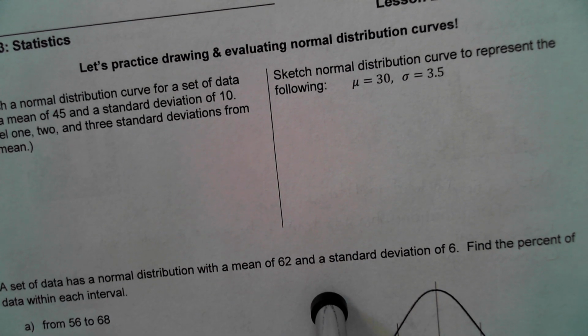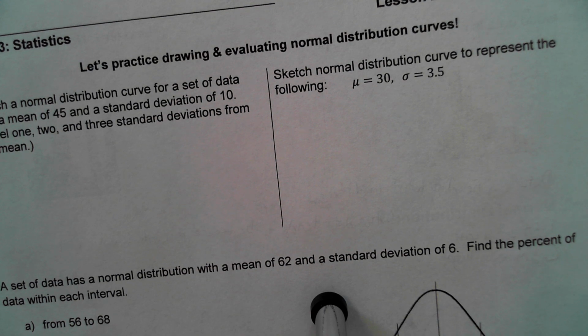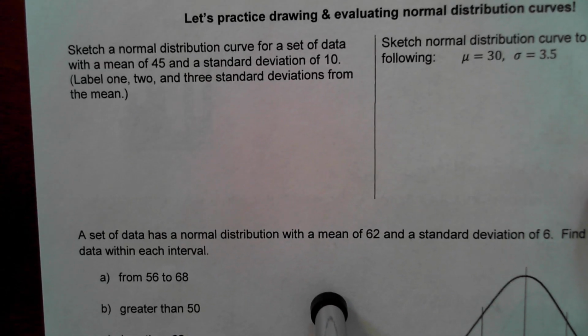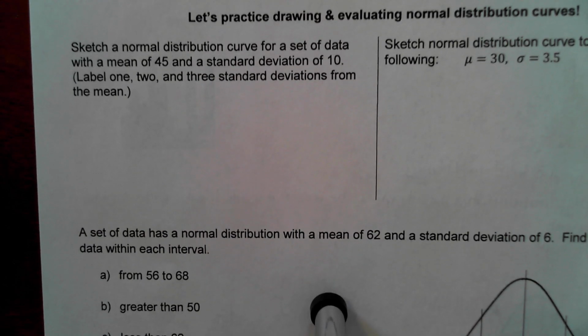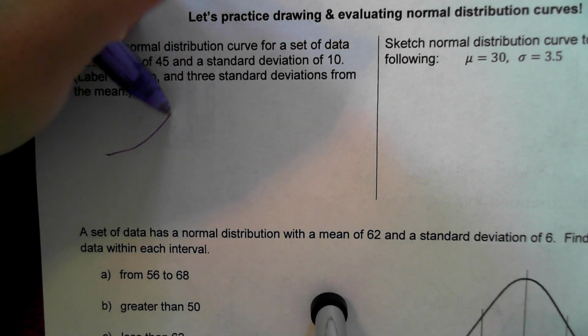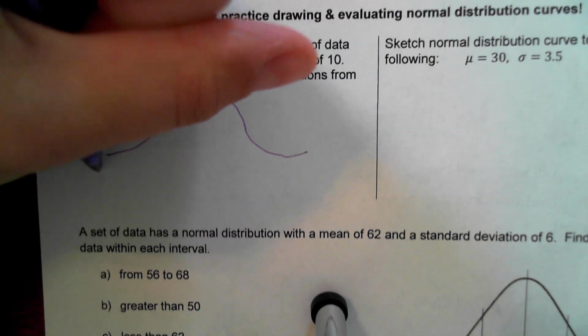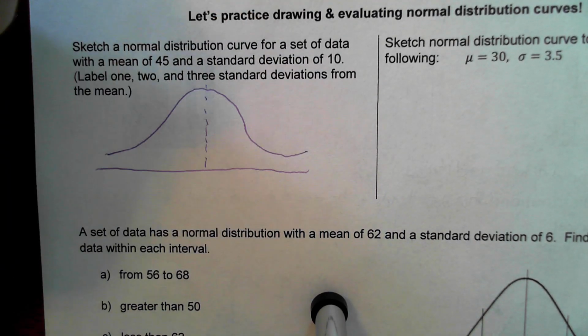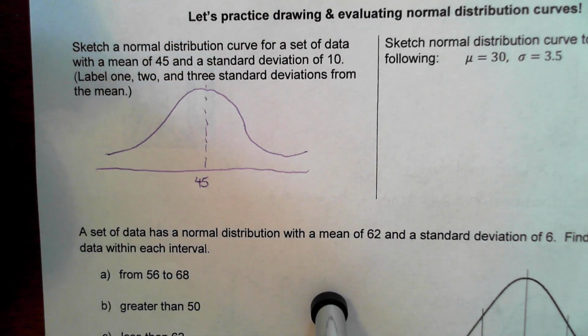So if we look at our first one, it says to sketch a normal distribution curve for a set of data with a mean of 45 and a standard deviation of 10. Label 1, 2, and 3 standard deviations from the mean. So we do our little bell curve shape, our little line right down the middle, we know that's 45.